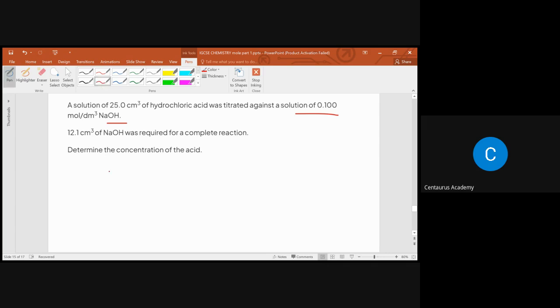First things first, you must have a balanced chemical equation, right? Now, this reaction is basically an acid-alkali titration reaction. So you are going to write hydrochloric acid, which reacts with sodium hydroxide, which is NaOH. And if you remember the general equation for acid-base titration, the resultant products are salt and water.